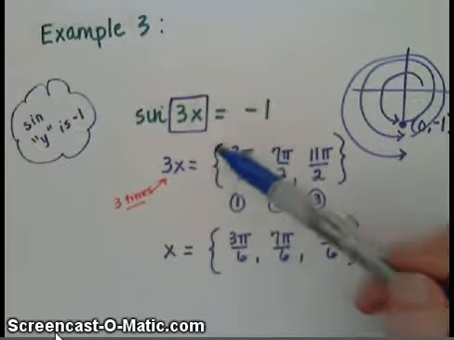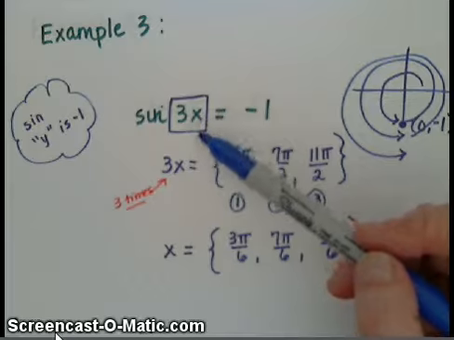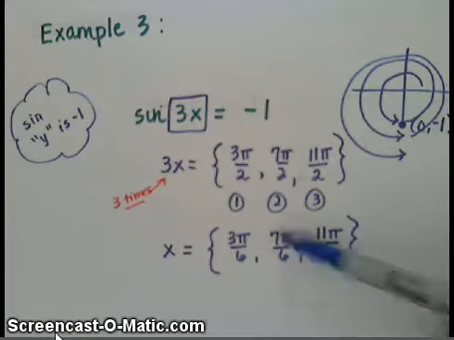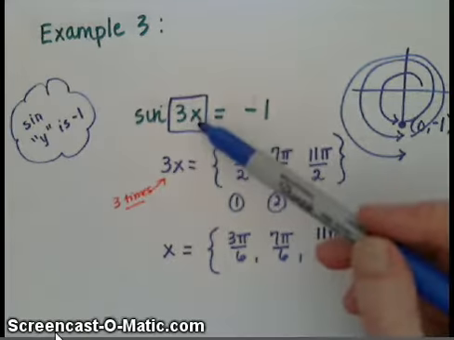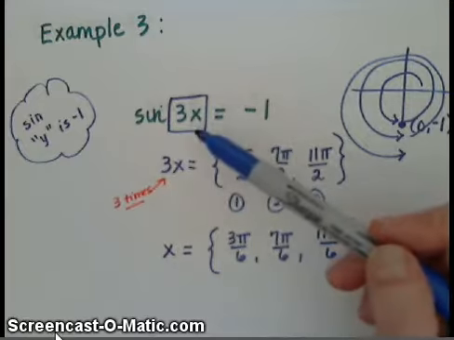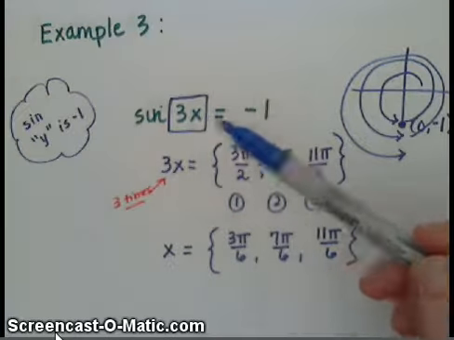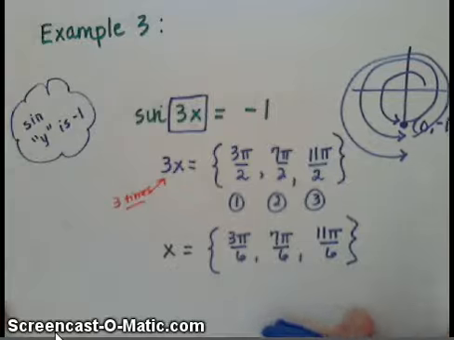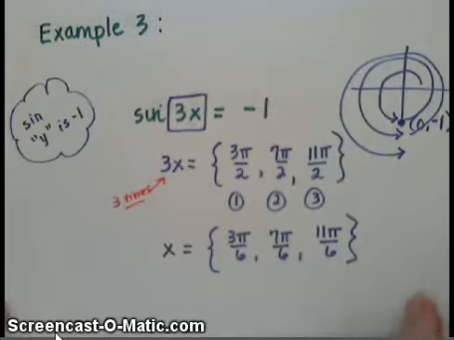So this 3 pi over 6 actually becomes 9 pi over 6, which is 3 pi over 2. This becomes 21 pi over 6, which is actually 7 pi over 2, and this becomes 33 pi over 6, which is actually 11 pi over 2. So you can see that's how it works. Final answers will be what x is, not what 3x is.